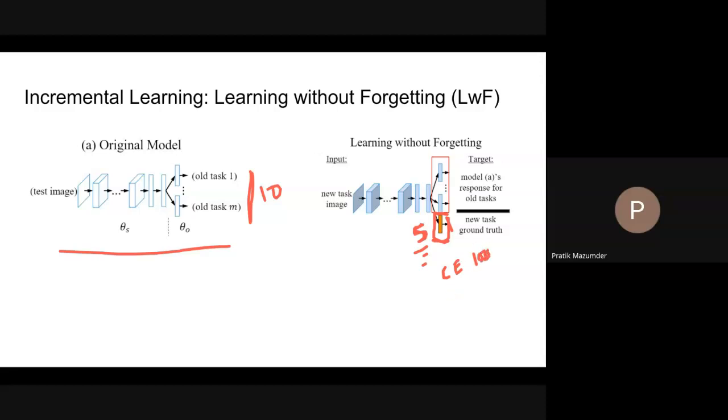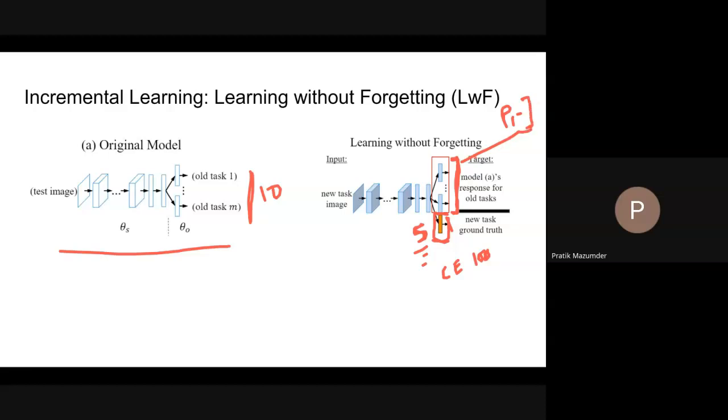But you have also saved your previous model. For the same set of images of these 5 new classes, you ensure that the previous class outputs of your current model exactly match the outputs of your preserved previous model.